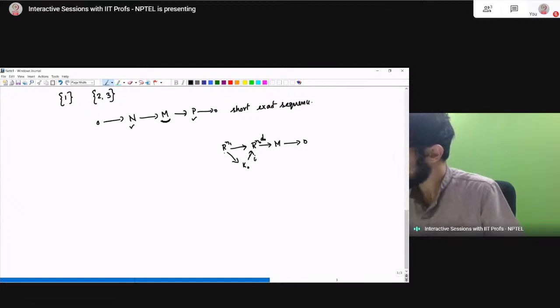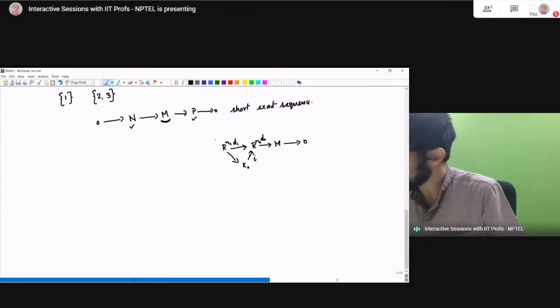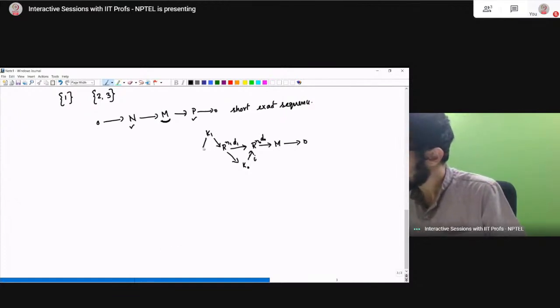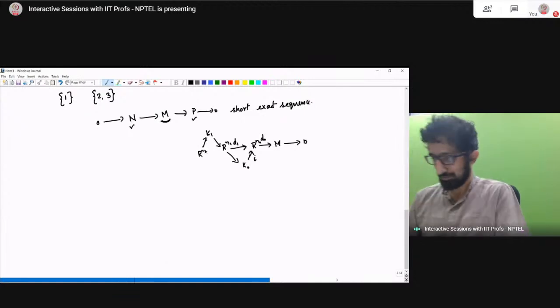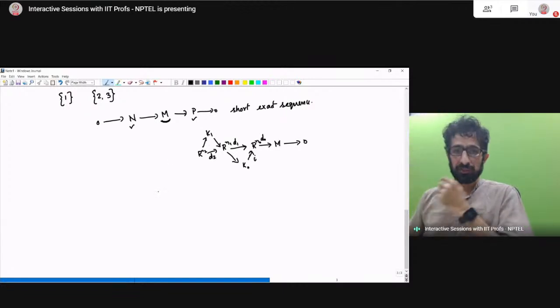The composition of these two, I'll call D1. Now this has a kernel, I'll call this K1. And again, when this is a finitely generated module, we have a map from R^n2 to this one, and the composition we call D2. You can keep doing this.